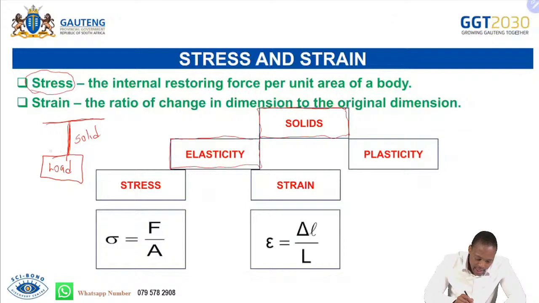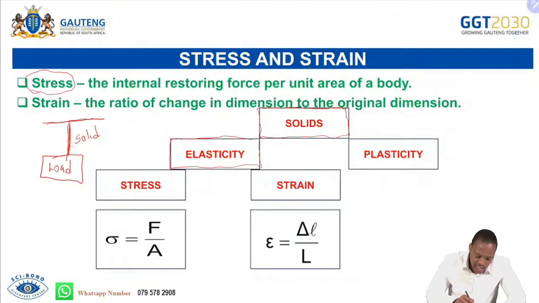And this load here will cause this rod to extend. The extension that will happen here will be very, very small, but it is significant, because over time this rod will extend. It will extend because this load is heavy on the rod.